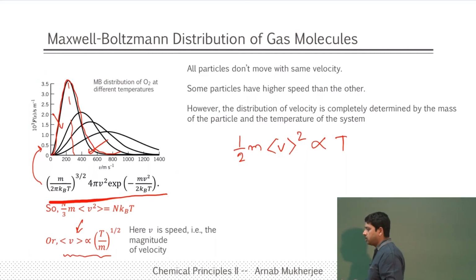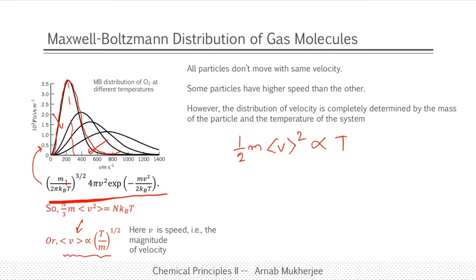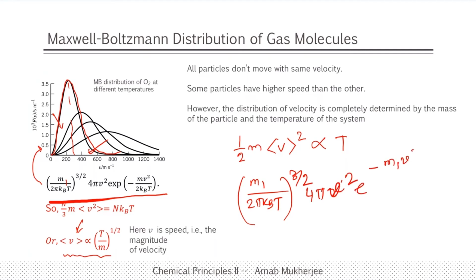So, one Maxwell Boltzmann distribution will have, for example, I can write (m1 by 2 pi kBT) to the power 3 by 2 times 4 pi v square times exponential of minus m1 v square by kBT, and let us say you have another one. Let us say m2 is very large compared to m1. Then you are going to get two distributions, one corresponding to m1 and another corresponding to m2.